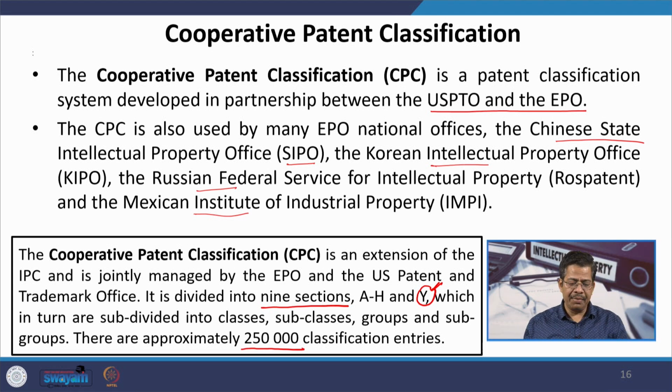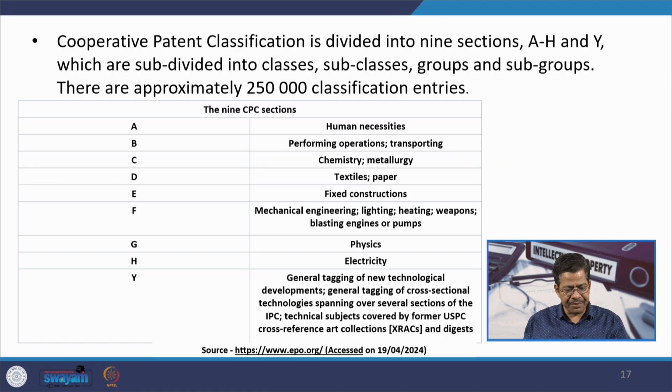So, people say that IPC is used because it is WIPO's product, while CPC is used because it gives you more flexibility. That is why people say that CPC is more robust, and that is the reason various national IP offices are also adopting this CPC classification scheme. So, A to H are similar to IPC, but this Y is additional in the case of CPC, and a large number of items are put under this Y category.